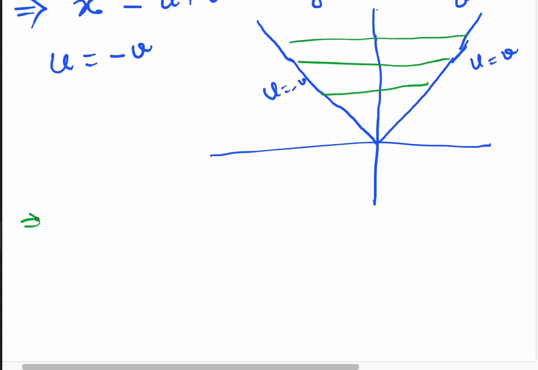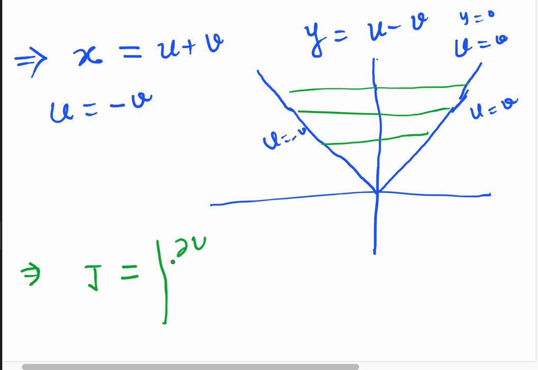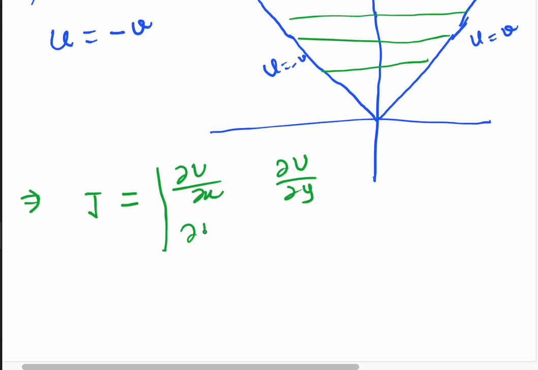And let's find the Jacobian now. Jacobian is del u del x, del u del y, del v del x, del v del y.